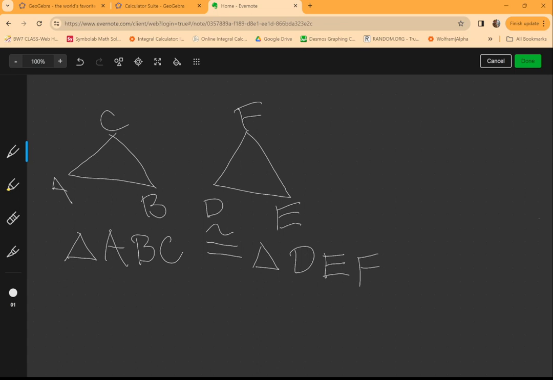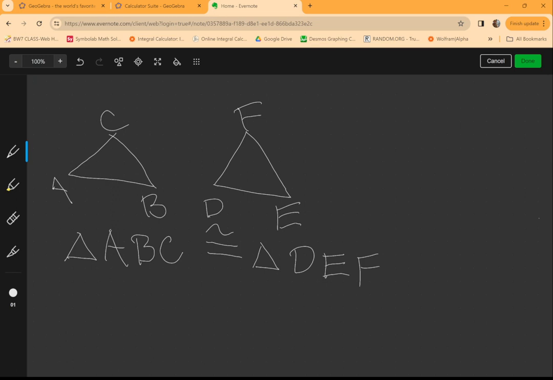Now one thing to note here is that the order of these letters matters because it tells me the relationship of congruency. It tells me what we call corresponding parts. If these two triangles are congruent, then based on this statement, their corresponding sides are equal and the corresponding angles are equal in measure.